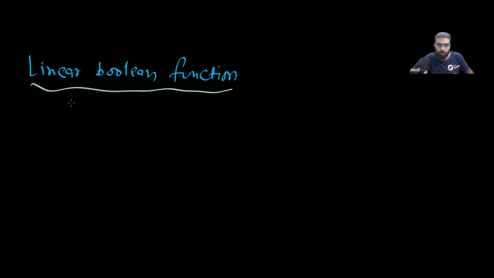Let me tell you, this linear Boolean function, what did Post call it? Emil Post called it alternating function.